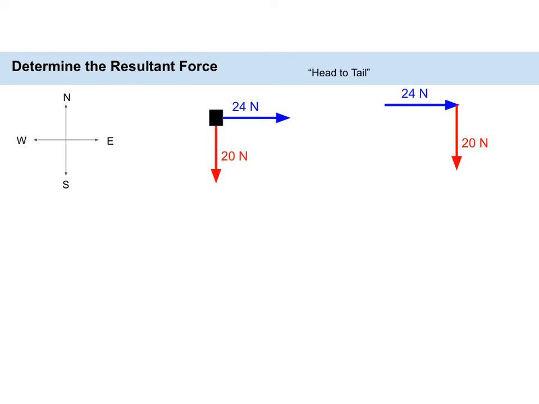I'm going to use the head to tail method again to represent this, starting with the 24 newtons, the one to the right, and then at the end of that, put in the 20 newtons. So things just sort of shift a little bit, and then I can start to see that there's this triangle being formed, and the hypotenuse of this triangle does point in the correct direction.